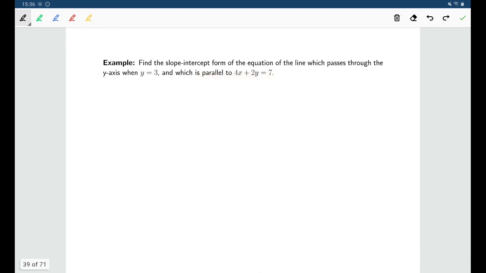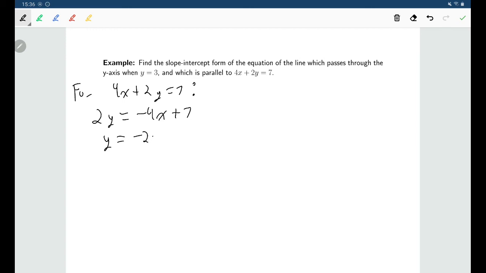So my first job is, what is the slope of that line? And I'm going to do the same thing that I did with the last example, which is rewrite this in slope-intercept form, bringing the x to the other side and solving for y.